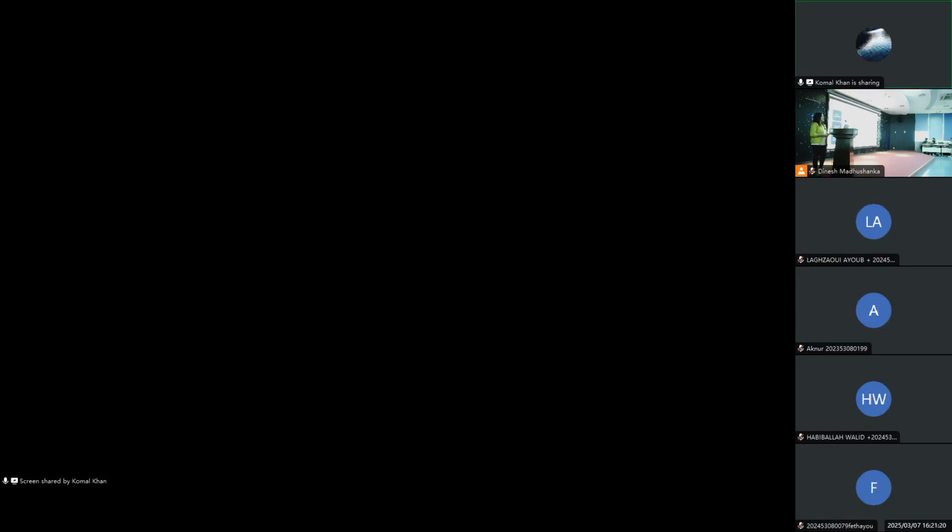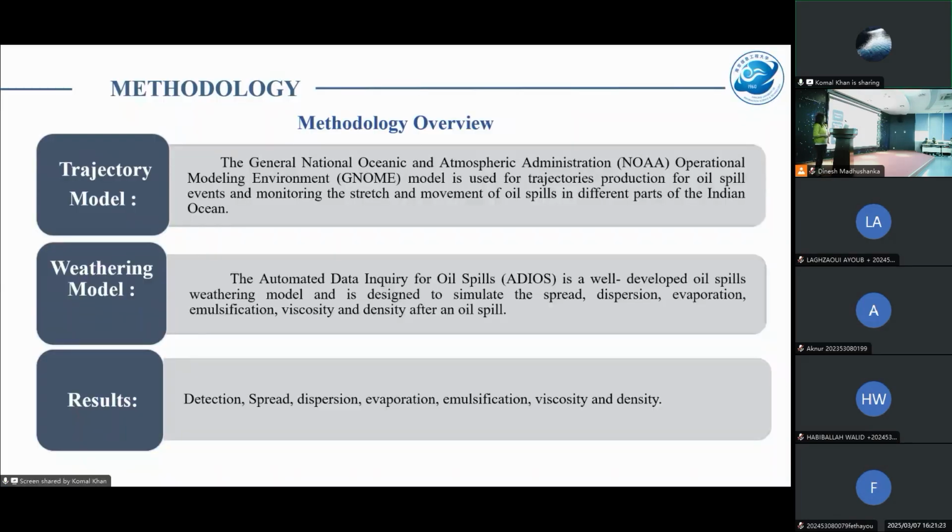Predicting oil movement in the next few hours, next few days, or next few months. For that I've used the GNOME model. Its results are also very reliable and very good.